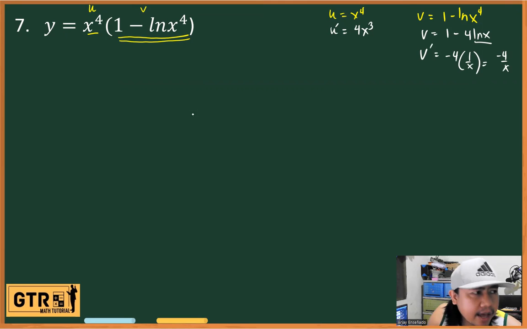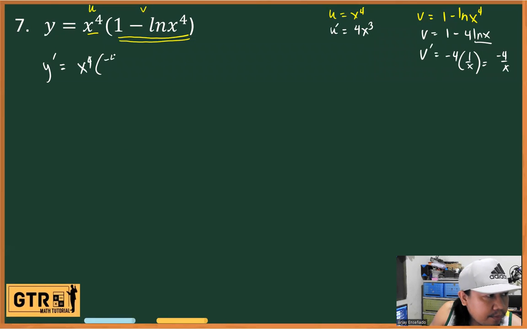Okay, so apply the formula. So we have y prime is equal to x to the 4th times v prime. The v prime is negative 4 over x. So v prime is negative 4 over x plus, we have not written the formula yet, right? So let us write it so it is clear. Our formula is u v prime plus v u prime.